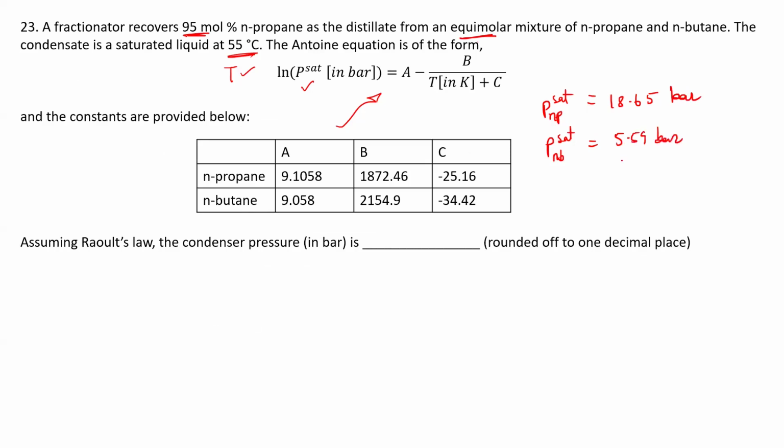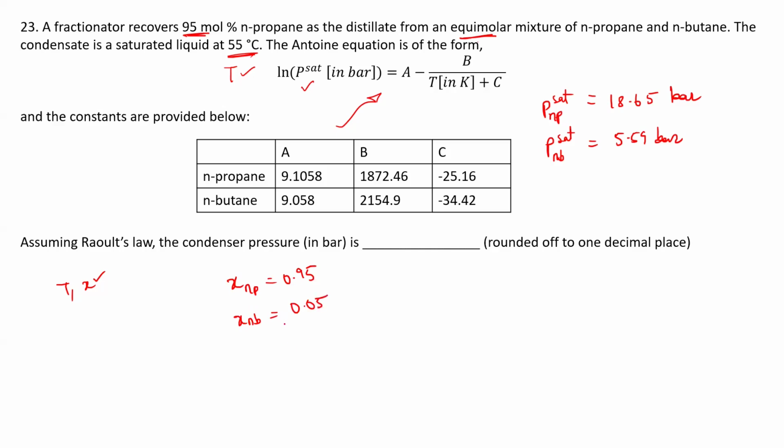You can compute this. Now, using Raoult's law, the condenser pressure is, so T is known and X is known. X of propane equals 0.95 and X of butane equals 0.05.